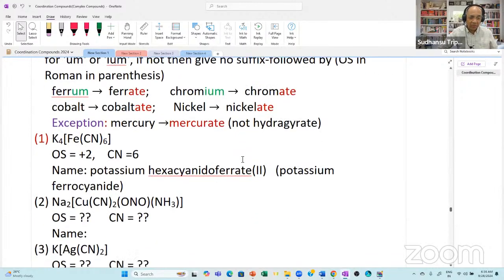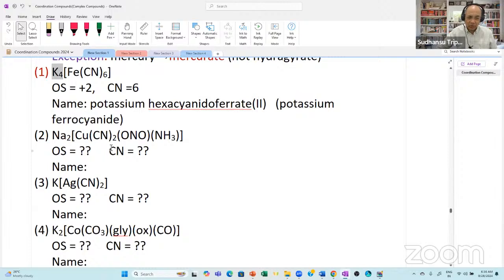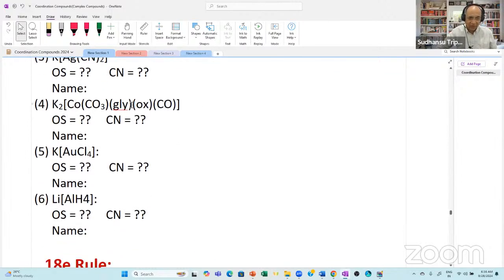And any complex. See, one which we have been telling, potassium percyanide. Tell me what will be its IUPAC recommended name. It is potassium hexacyanidoferrate(II), or you can call it hexacyanoferrate(II). Similarly, the sodium, you write down, you already know glycinato, oxalato, carbonyl. This is carbonato, which is a bidentate. You have to see. Rarely the coordination number exceeds 6.